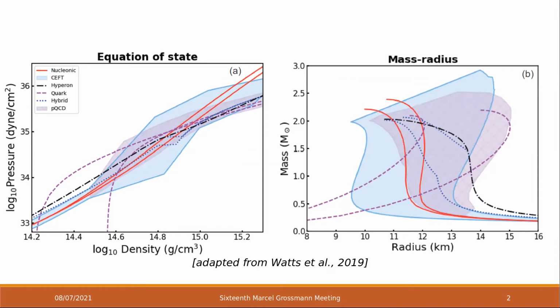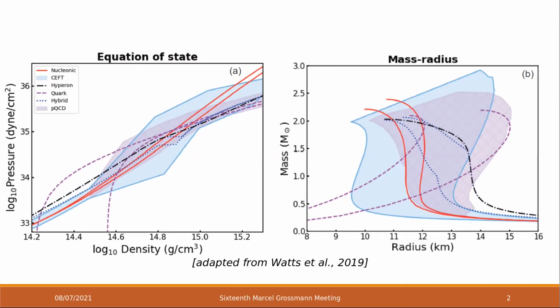But let me just remind you that in order to put tight constraints on the equation of state, so that we can actually discriminate between different equations of state, we need to constrain the mass and radius of neutron stars to a precision of 5% or better, pretty much.